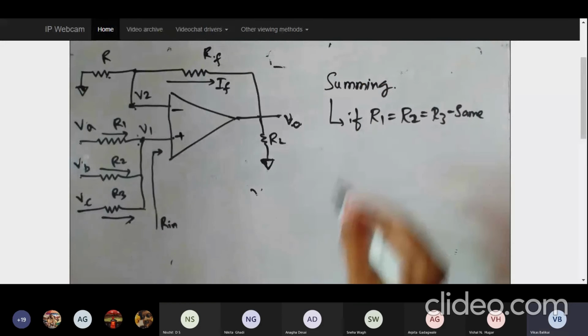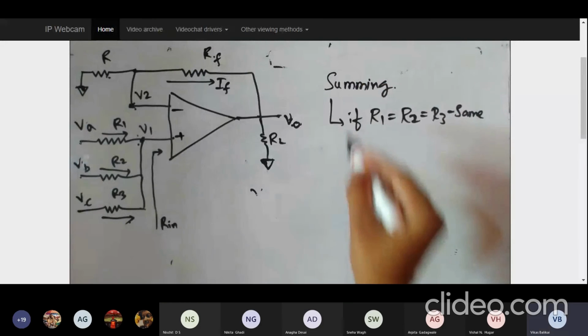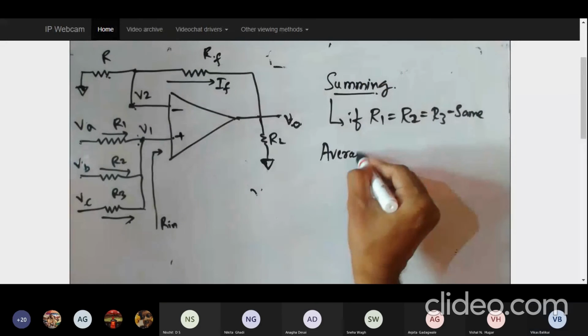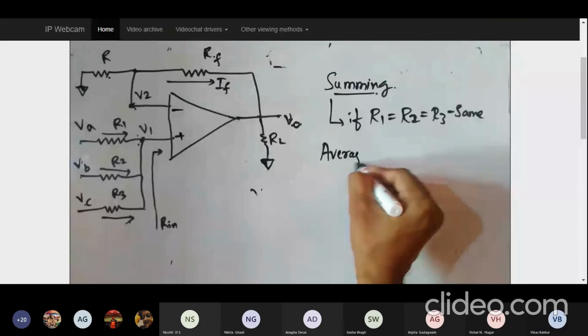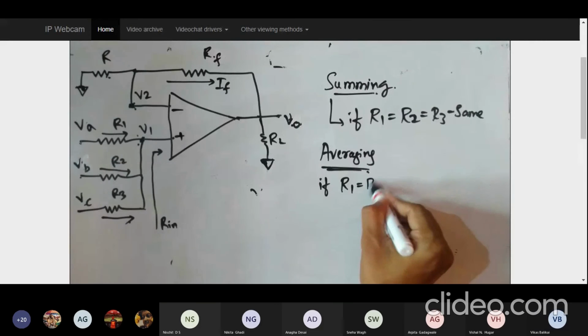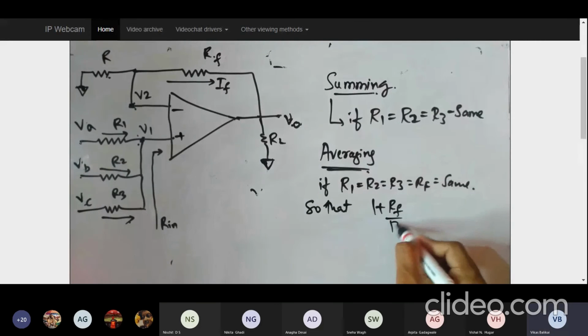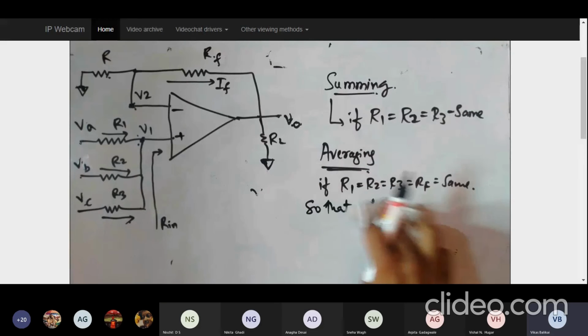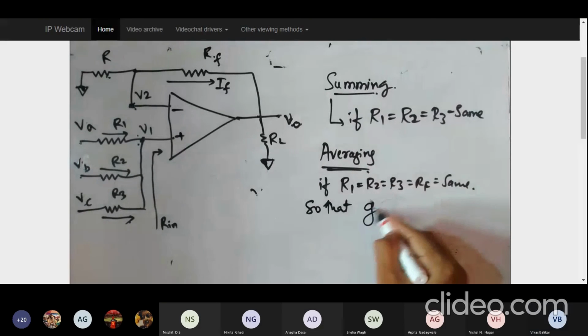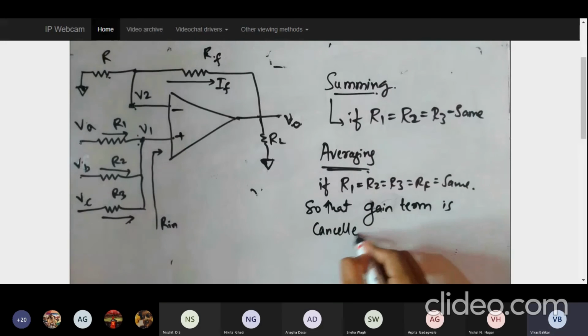In the averaging circuit, if R1, R2, R3 as well as RF are the same, so that 1 plus RF by R1 gain term is cancelled out.